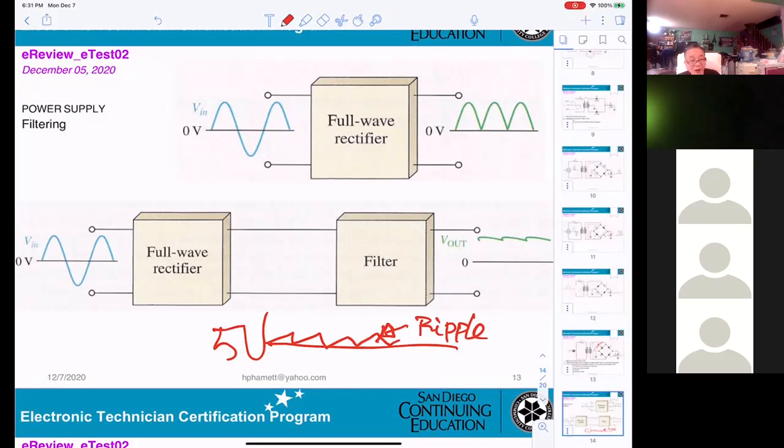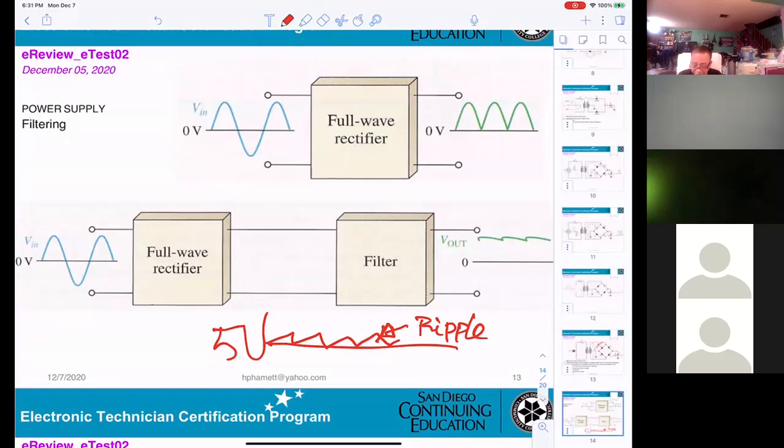Noise on the top of the DC. That they call a ripple. And now what does that mean for ripple? The noise. The noise means unwanted signal.